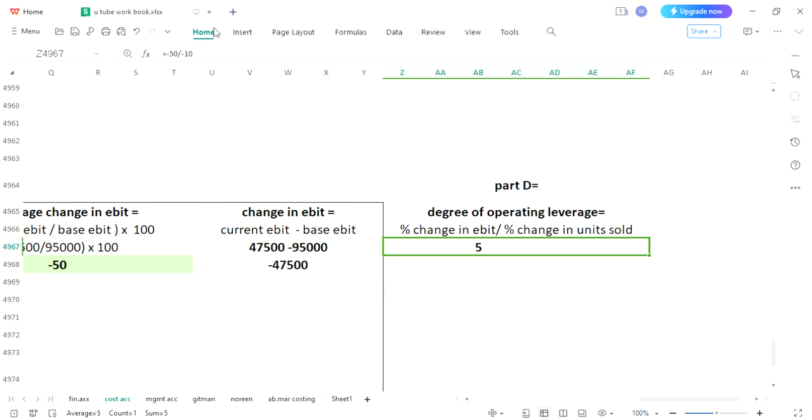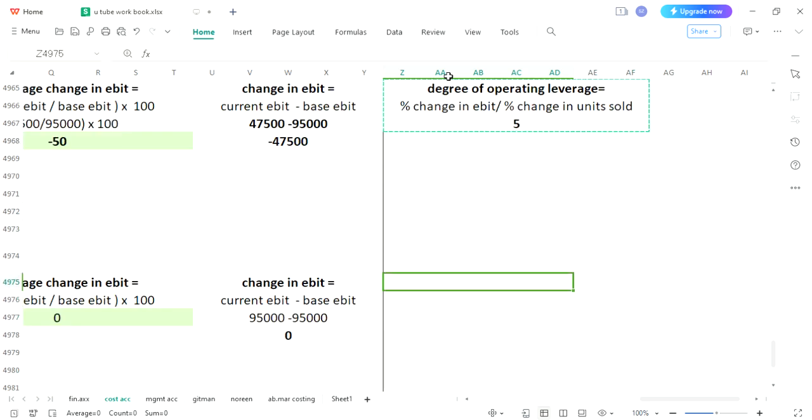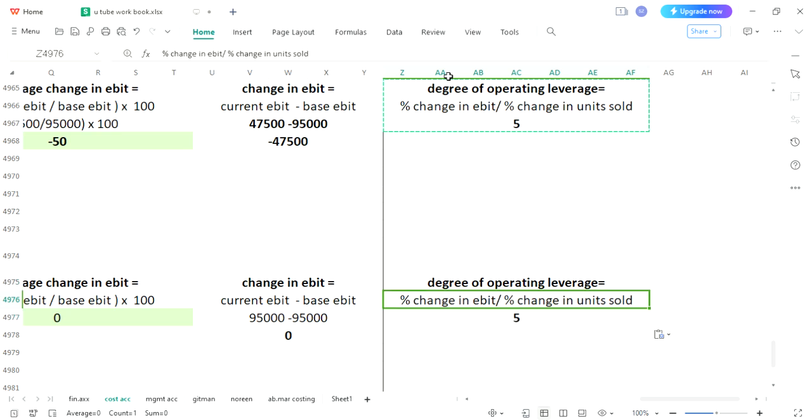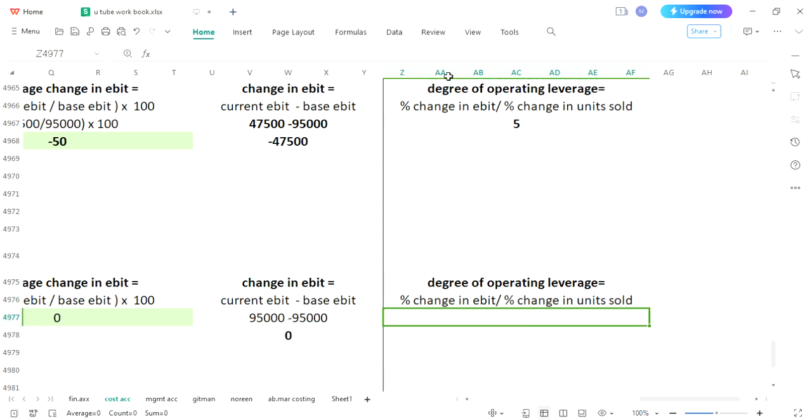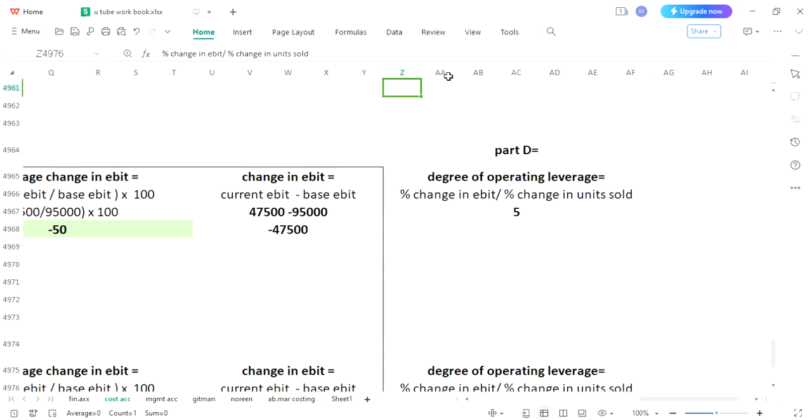In this way, our first answer has arrived, and now we will calculate the same degree of operating leverage for the other two parts as well. For that, I am taking these headings for the second part as well. Here we will see percentage change.